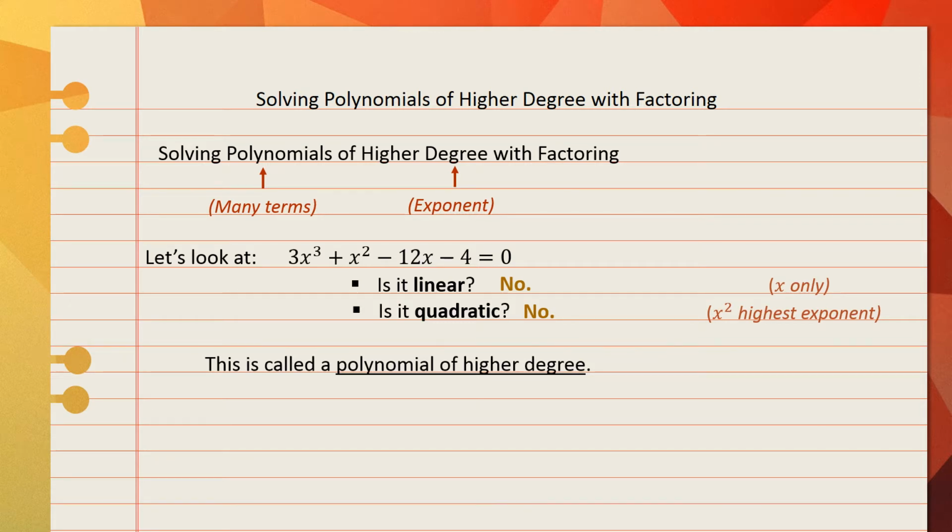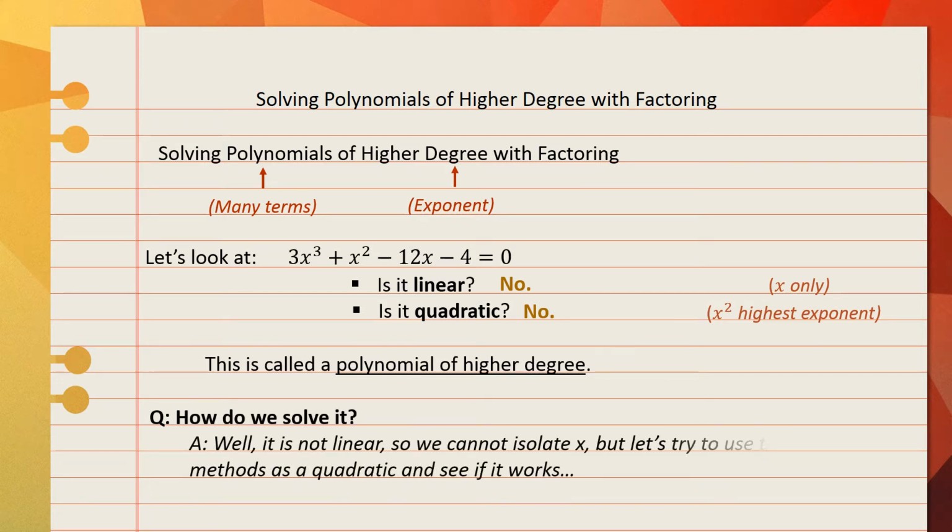So the approach to solve these is a little bit different. Since it's not linear, we cannot isolate the x. But let's try to use the same methods as a quadratic and see if it works. Recall, to solve quadratics we had a few steps.